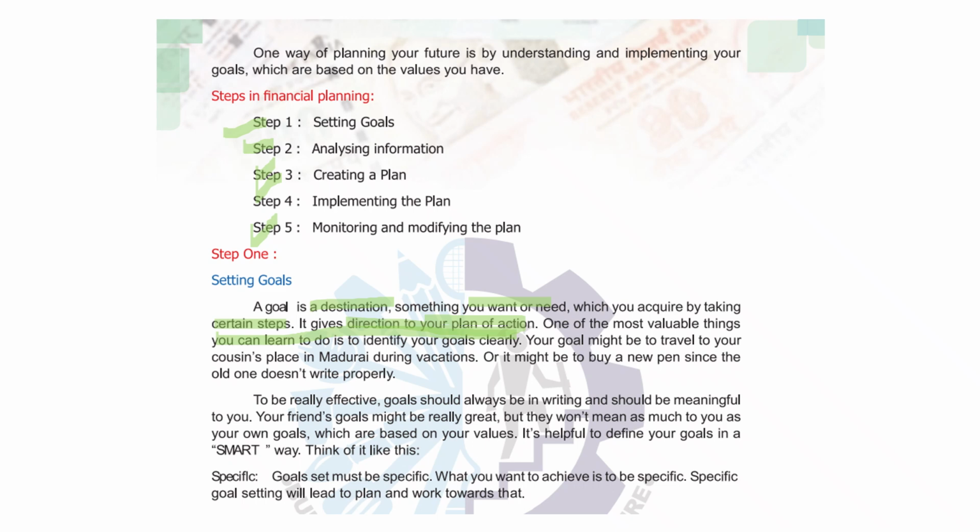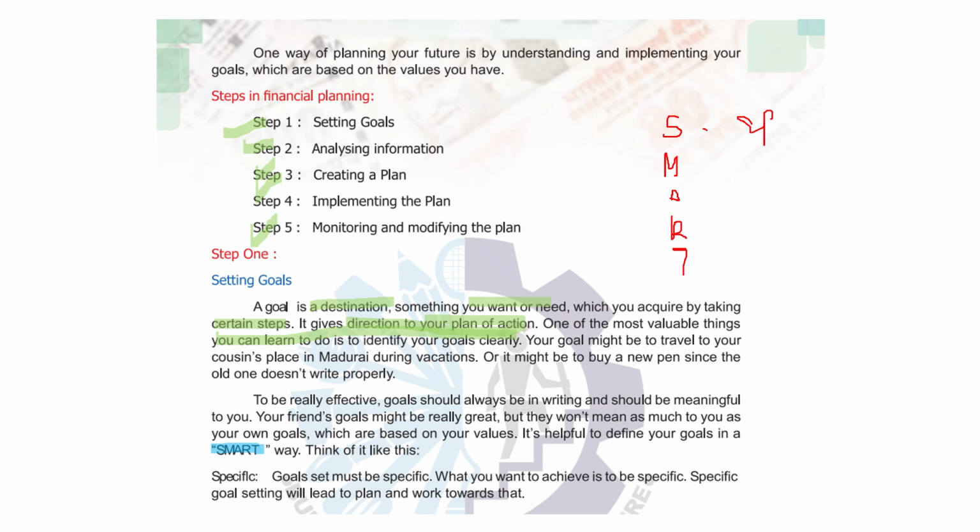And the easiest way you make your goals is you make SMART goals. SMART goals, they have different words standing for, holding different meanings. Here S stands for specific.